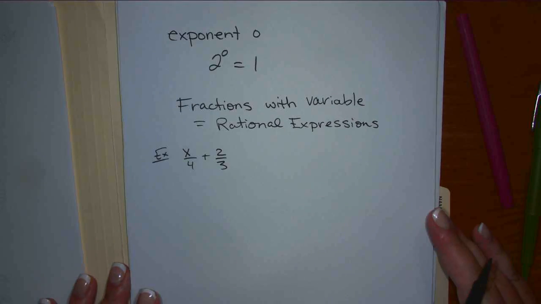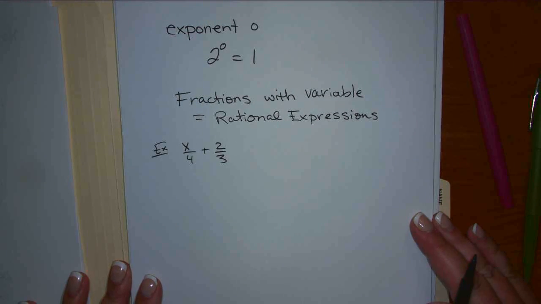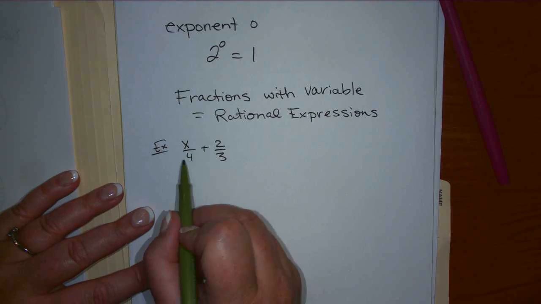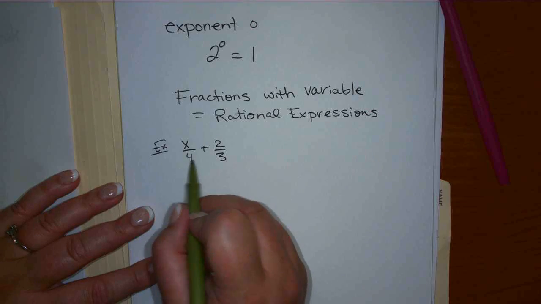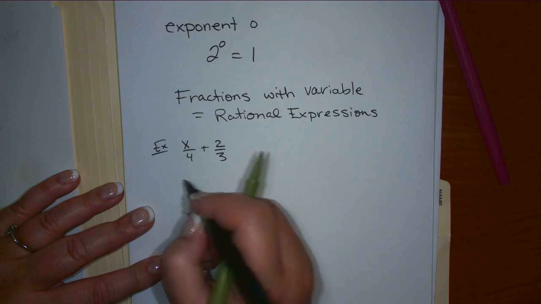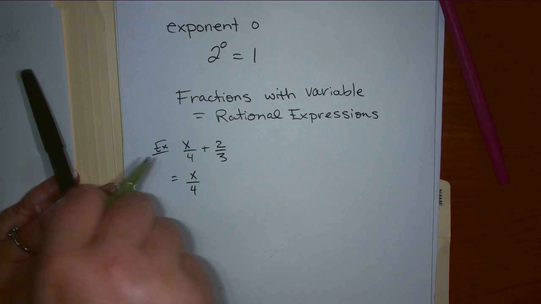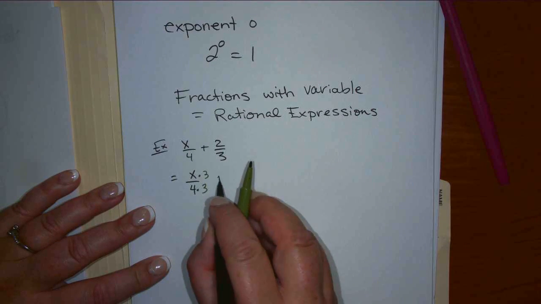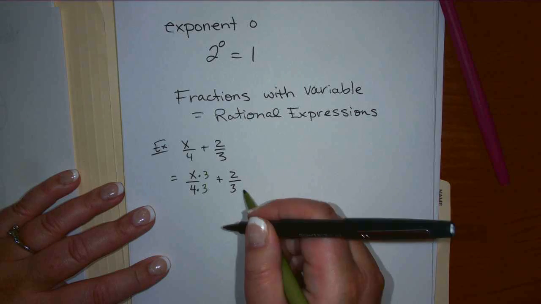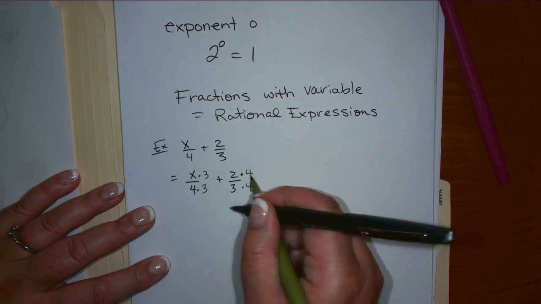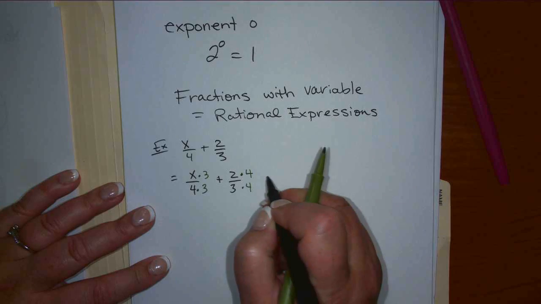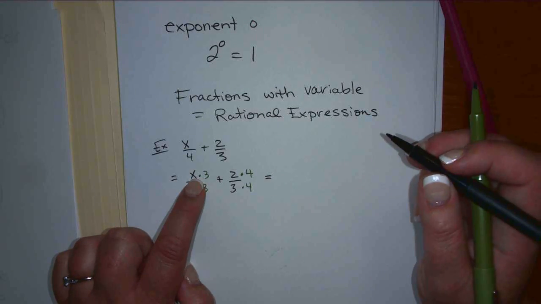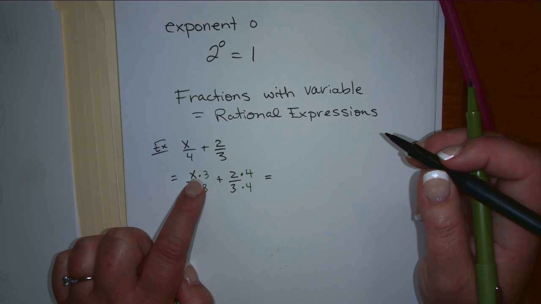We've got an x on the top here. We do the same thing. We want to find a common denominator. So 4 times 3, or 2, 2, and 3. So the first one we're going to multiply by 3. And the second one we'll multiply by 4. So what's x times 3? 3x. And it's fine to say x times 3 is x dot 3, but you don't usually say x3.